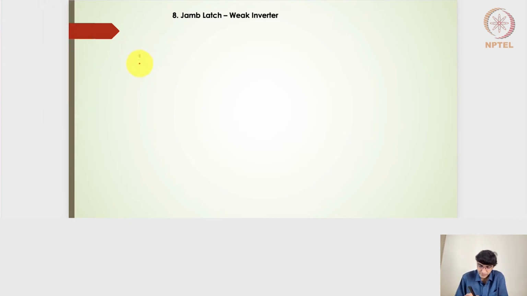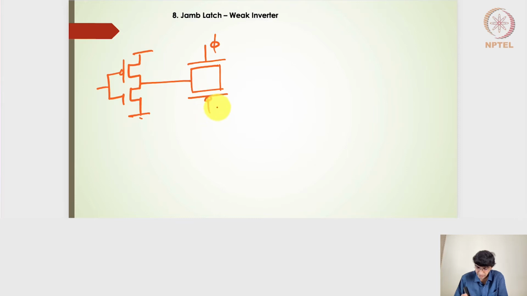So we have an inverter first. Right, so this is the inverter. This goes to the transmission gate. So the transmission gate, this is phi and then this is phi bar. Right, and then this goes to one more inverter.